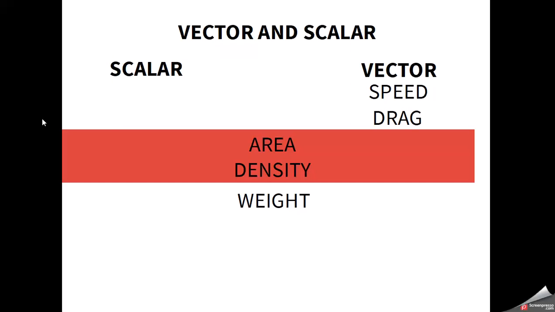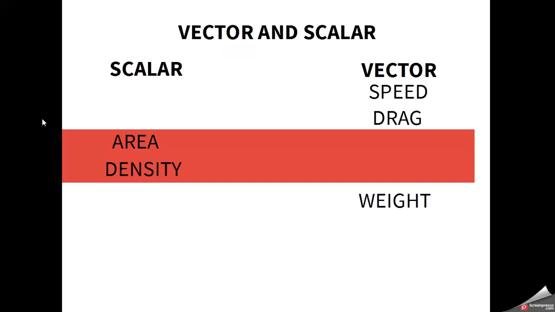What about area then, scalar or vector? Well, it's scalar because the area of an object isn't a directional force or quantity, it's simply something that can be measured. Density, similar, is a measurement, so it's scalar, not vector. And then finally weight. Well, weight has gravitational forces acting on it, so that pulls downwards, it's directional.